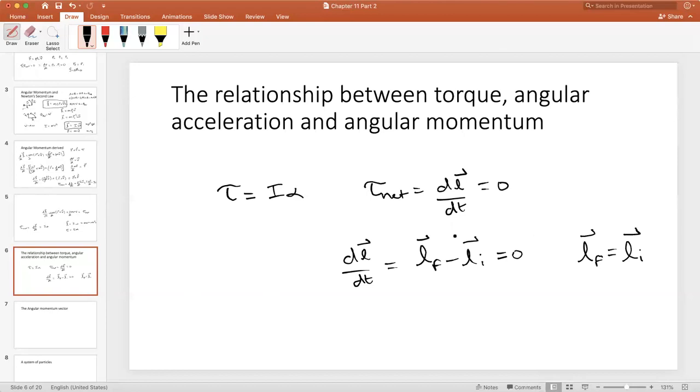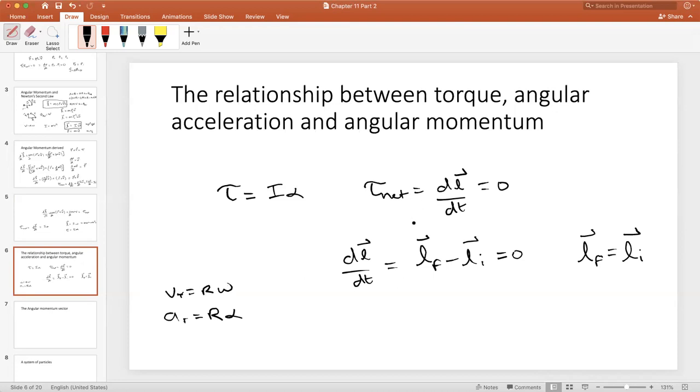The other thing is that in this course we will almost always consider that the rolling without slipping conditions apply. So therefore a translational is equal to R alpha, and v translational is equal to R omega.